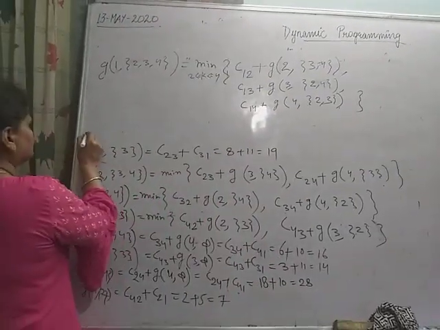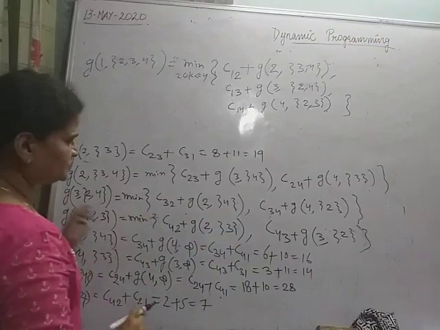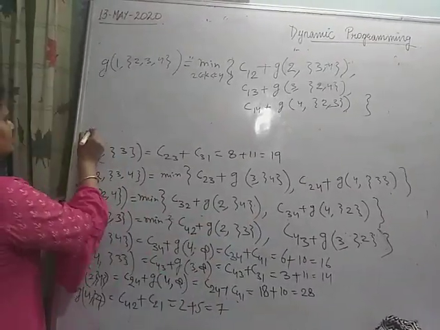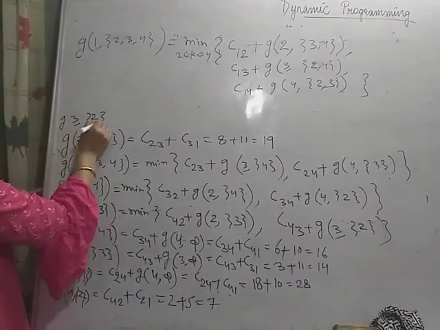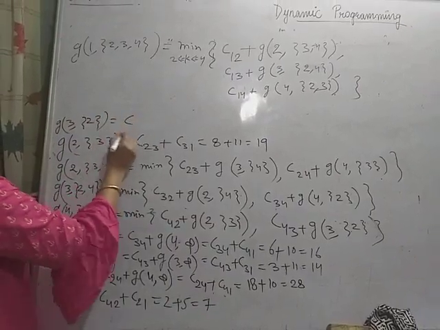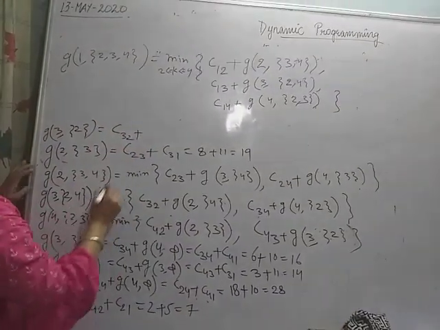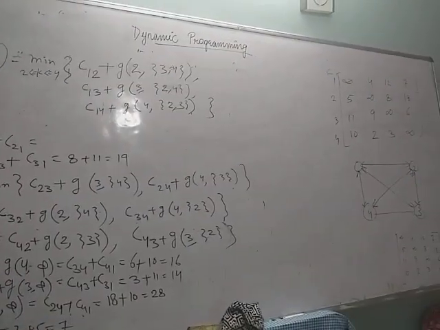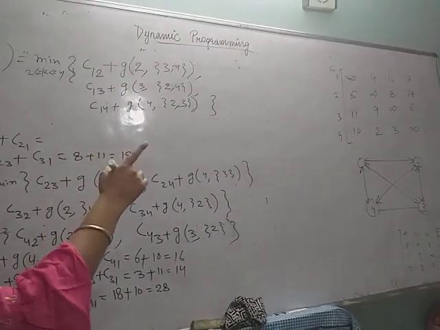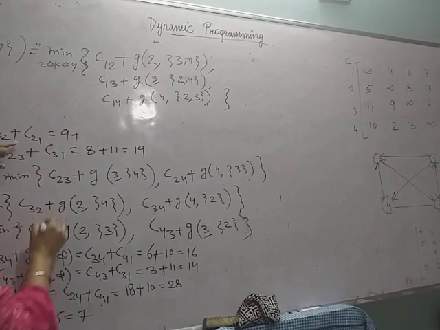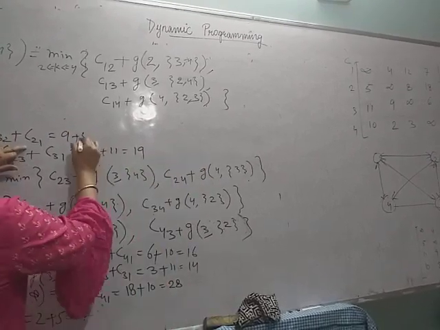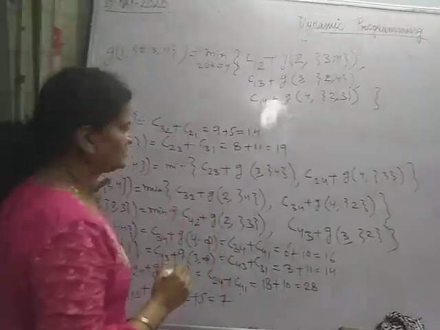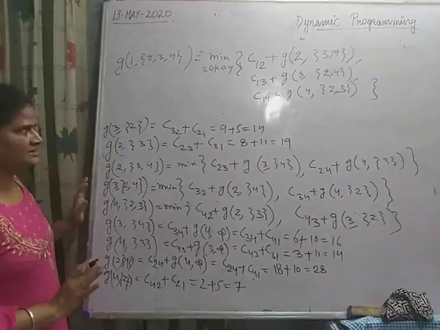Then G23 हो गया. अब G32 is what? C32 plus C21. C32 is 9 plus 2 1 is 5. 14. Okay. Carefully see just the calculation.